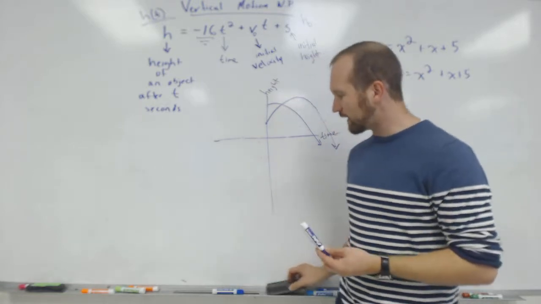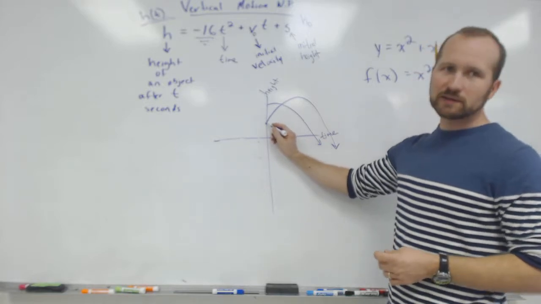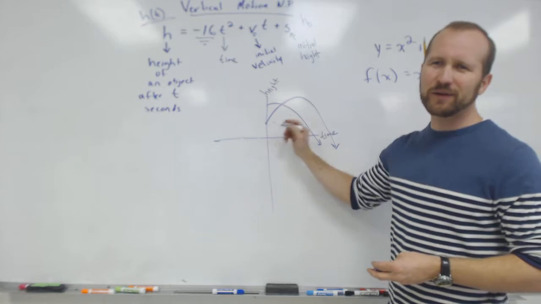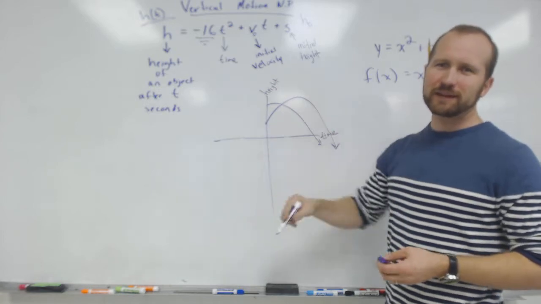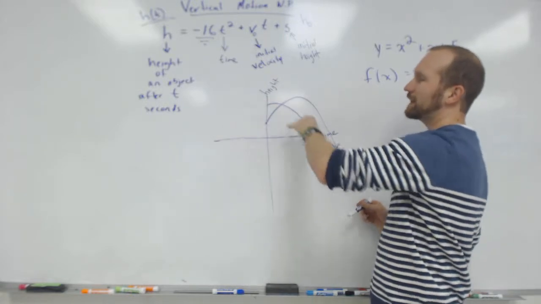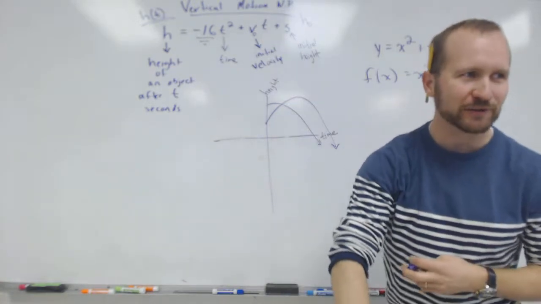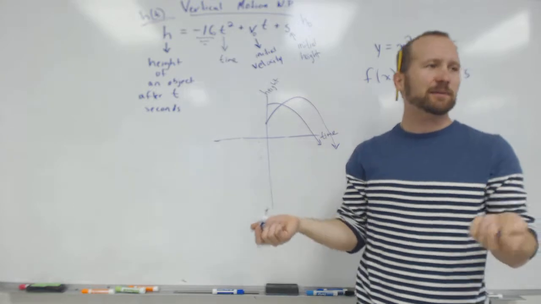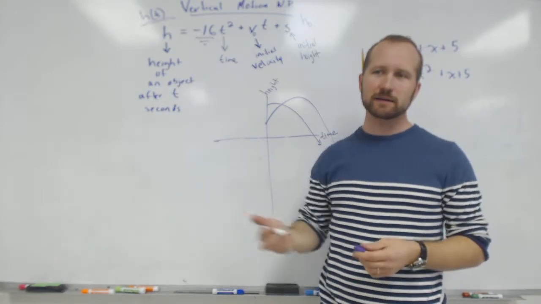The -4 is telling us that since that object started up at this initial height, if it was -4 seconds ago it would have been on the ground, if you took a video of it and played it in rewind and then somehow magically got the object to keep going past where it actually started. But that doesn't really make sense. Time can't be -4 seconds. And so you choose the 16 seconds.